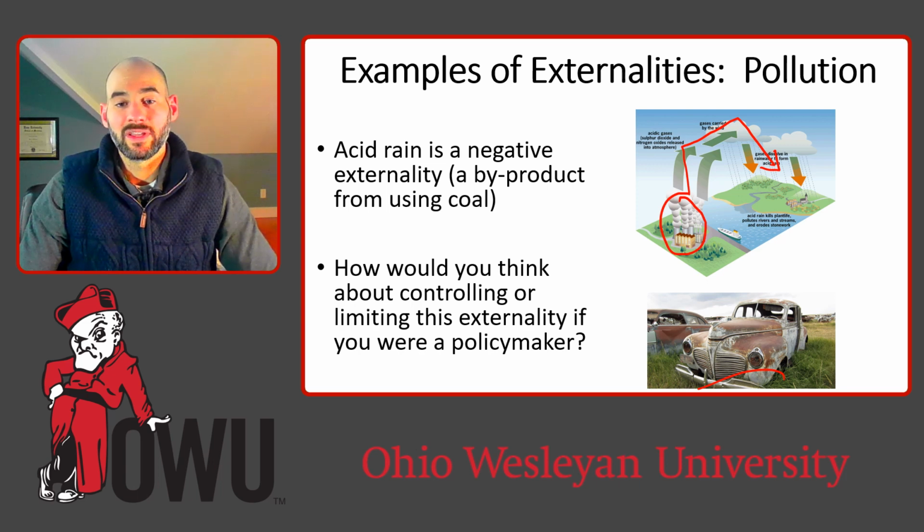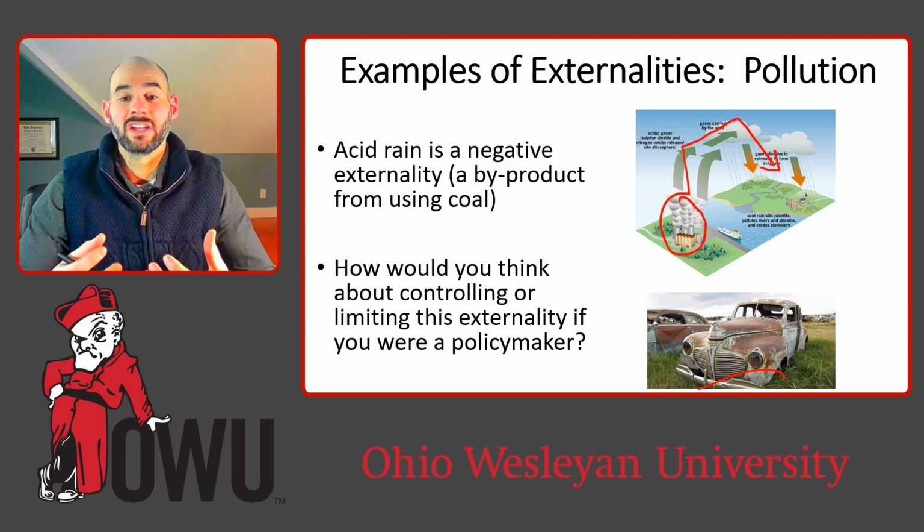And so if we are thinking about controlling or limiting the externality from the position of a policymaker, there's going to be a variety of tools which we can use.